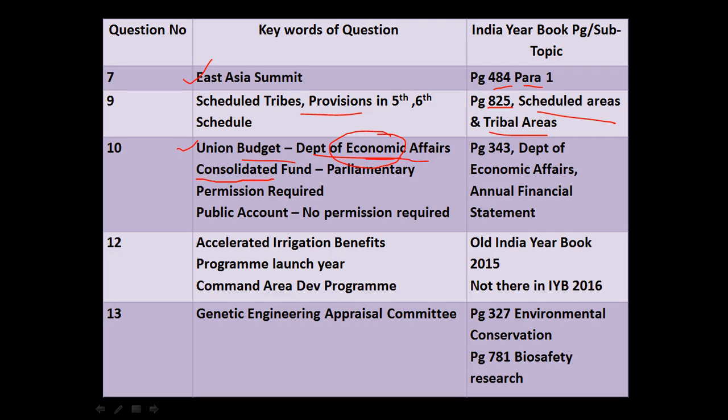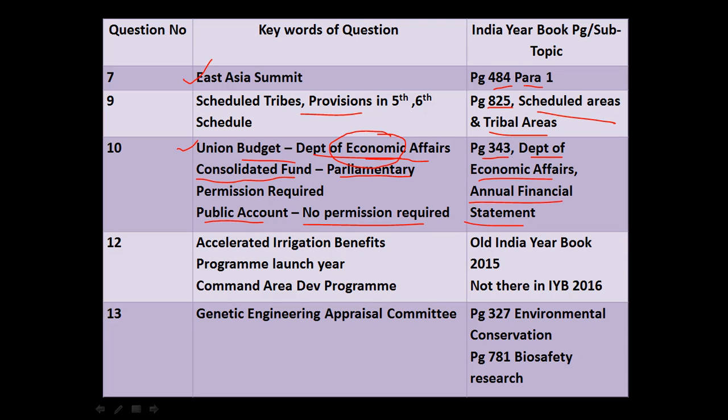Then we had one statement on whether the consolidated fund requires parliamentary permission, and whether the public account fund requires parliamentary permission. These answers are given in clear cut crisp statements in the yearbook at this page, under, I guess, Department of Economic Affairs and Annual Financial Statement. So you can verify it from there.